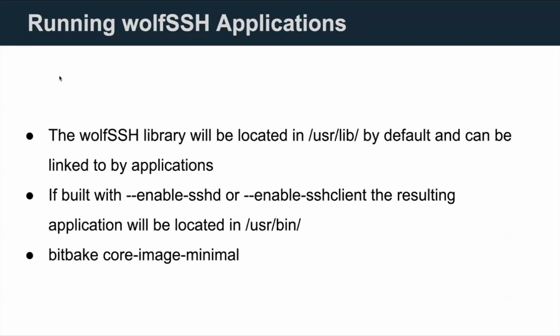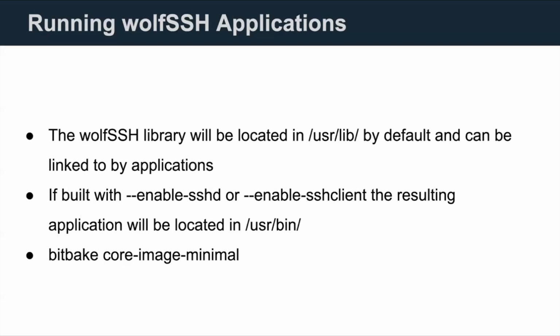So after building wolfSSH, then you go on to making use of the library or the applications that are bundled with wolfSSH. The wolfSSH library itself will be located in /usr/lib, and it can be linked to by any applications running on the Yocto build after it's started up. The include files are also in the default location, /usr/include, with Yocto builds.